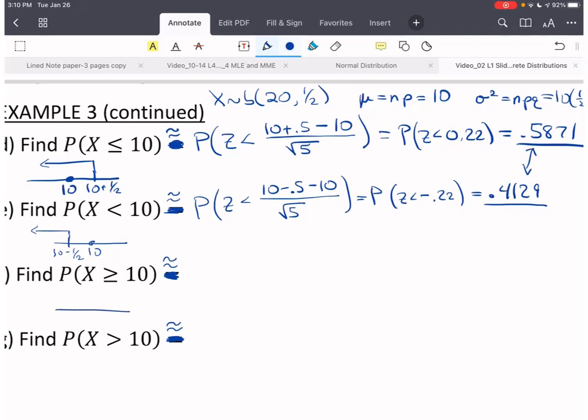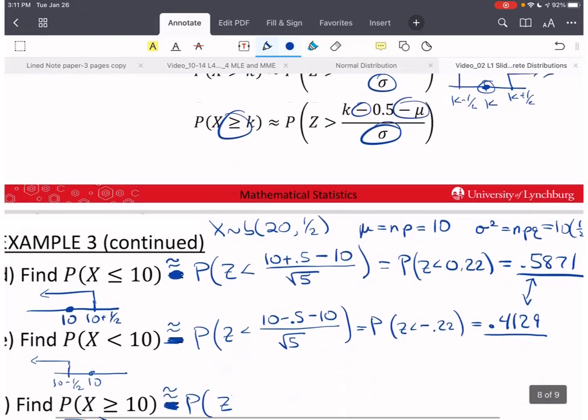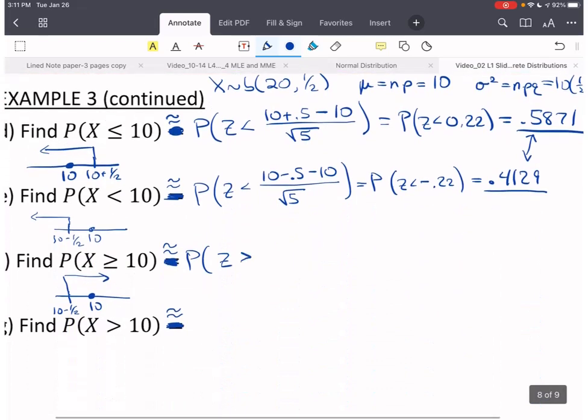Now for greater than or equal to 10, I need to include 10, so now I need to go below 10 in order to include this. So I need 10 minus a half. And so I have the probability that z is greater than k minus a half, so 10 minus a half, minus the mean over the square root of 5.